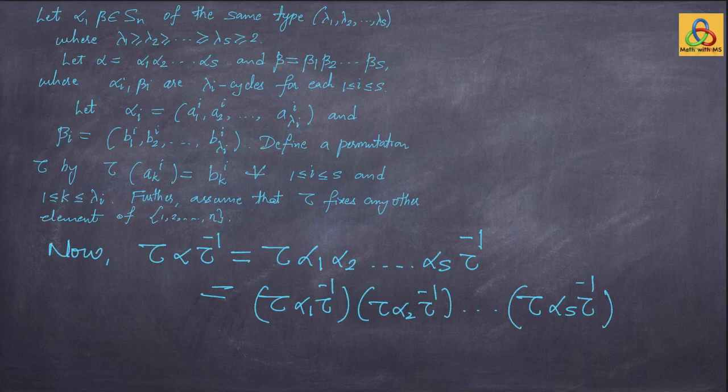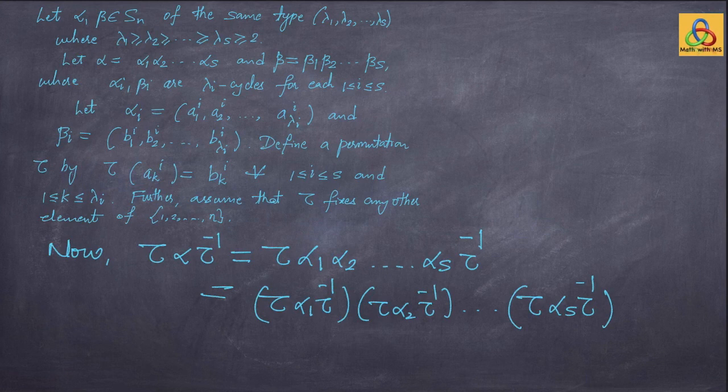And by the preceding observation, the first part of this proof, we see that tau alpha i tau inverse is the cycle tau of a1i, tau of a2i and so on tau of a lambda i, but that I have set as b1i, b2i and so on b lambda i.